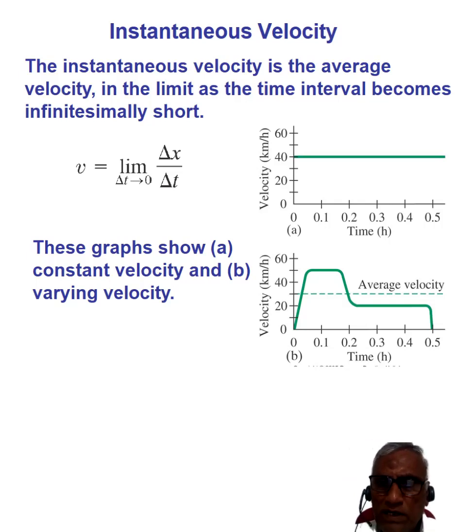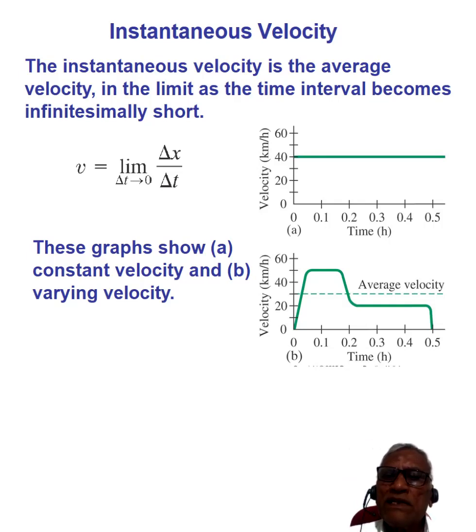Now look at the two diagrams. The first one is a constant velocity case, so the average velocity is constant. In the second case, we see the velocity is varying with time. Initially the velocity is increasing, then it is constant, then it is decreasing, then it is constant, then it falls to zero. How do we get the average velocity?